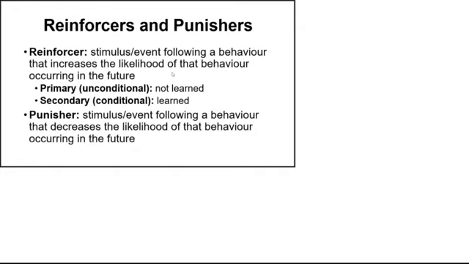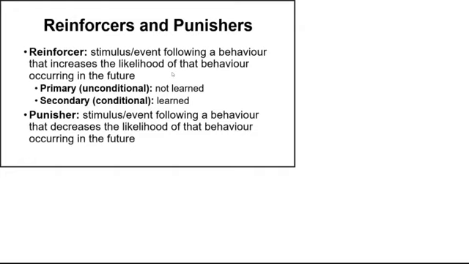But if we talk about a reinforcer, we're just saying something that follows the behavior that ends up increasing the likelihood of that behavior occurring in the future. So food is a great example of a reinforcer because if a rat gets food for pressing a lever, they're more likely to press the lever. So food is a reinforcer.